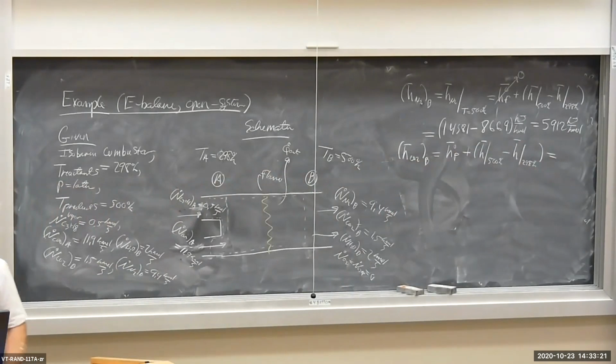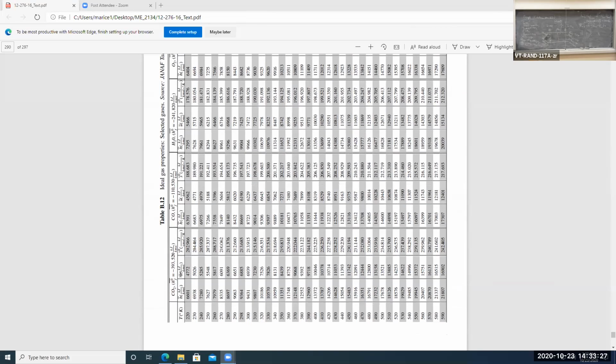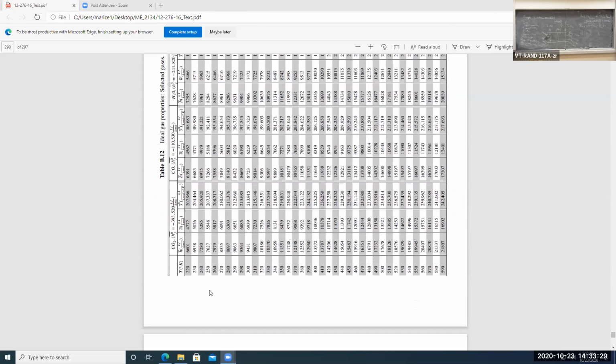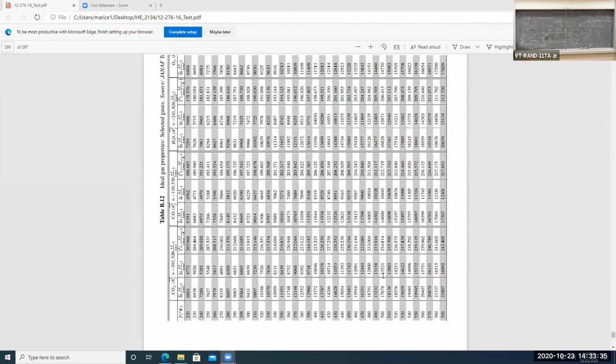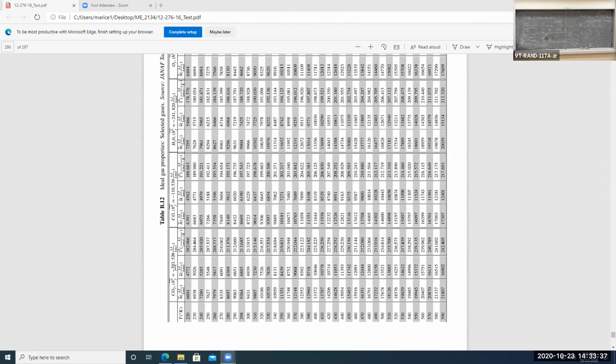Let's look up some of these quantities here. Carbon dioxide, CO2, 500 Kelvin. Enthalpy of formation is negative 393,520.